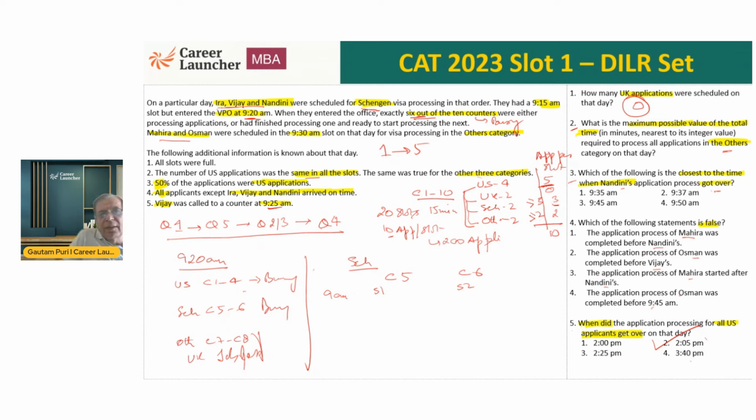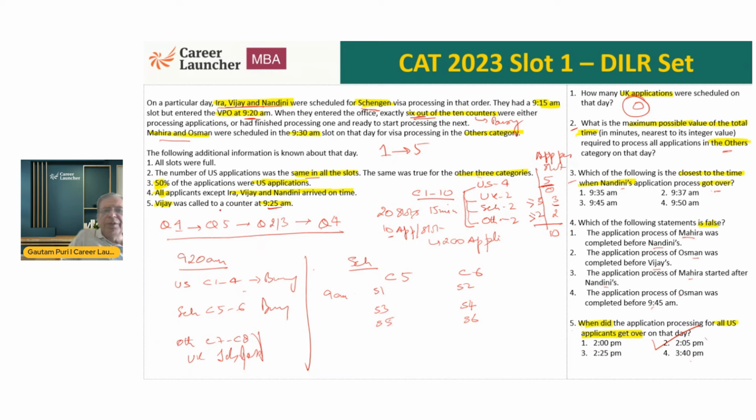So as far as Schengen is concerned, 3 people came in. First applicant will go to counter 5, second to counter 6, and then the third applicant will come here. Fourth applicant will come to counter 6 again. Then fifth applicant and sixth applicant. Okay, this is the situation.